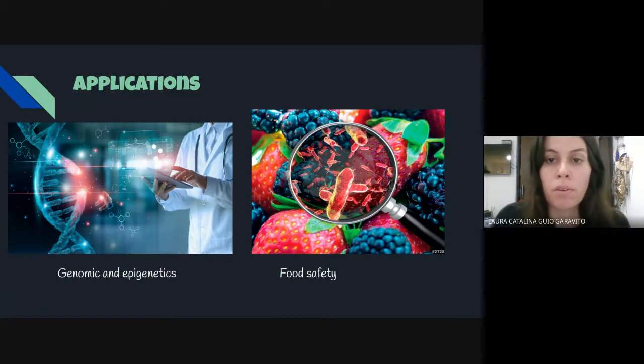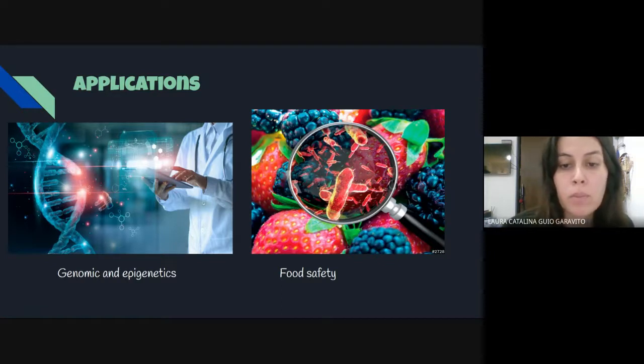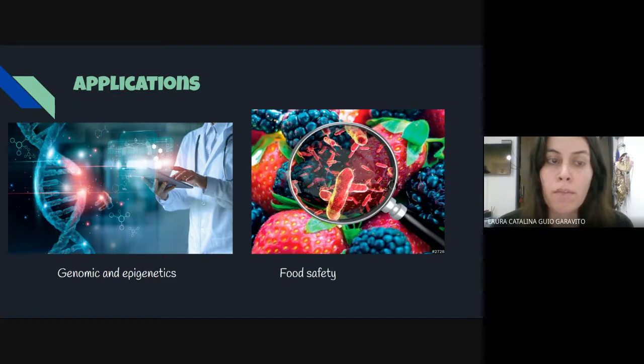On the other hand, it is used in the study of food safety because it facilitates identification of genomic variations in areas of concern, such as allergens, bioactivity, and the toxicity of the gene expression products in fruits, vegetables, and other foods.